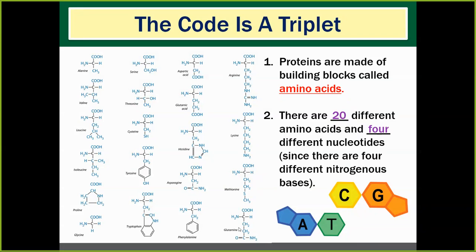So again, DNA is going to have instructions that say, "Hey, we need this specific amino acid." Now, there are 20 different amino acids, and there are 4 different nucleotides. This can create literally millions of combinations.